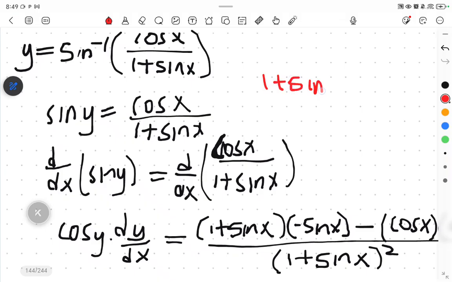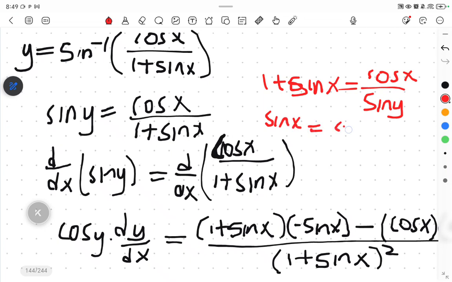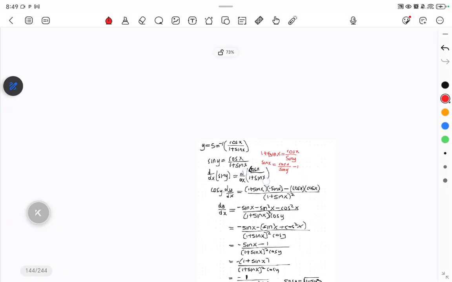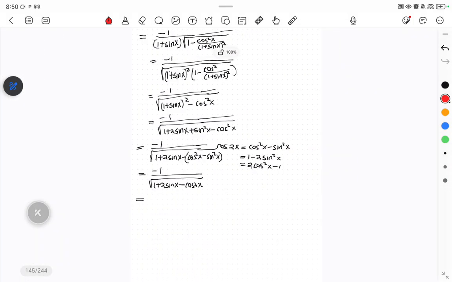Here we have a lot of sin x, right? It is also cos x over sin y. Take one to the other side. Sin x is also cos x over 1 minus sin x minus 1. And then cos 2x, this will be that.